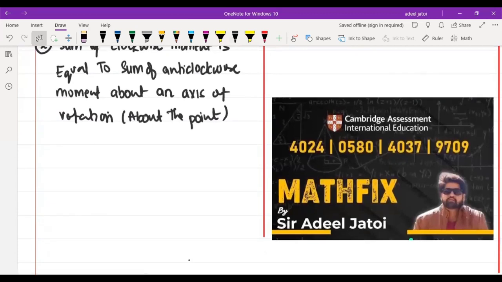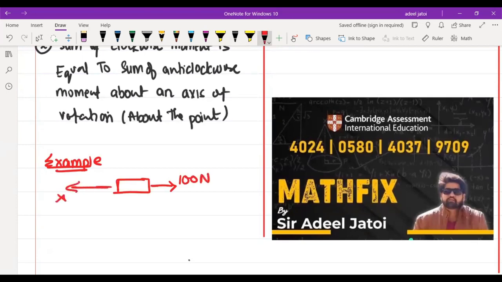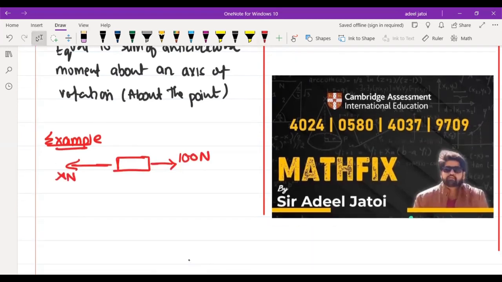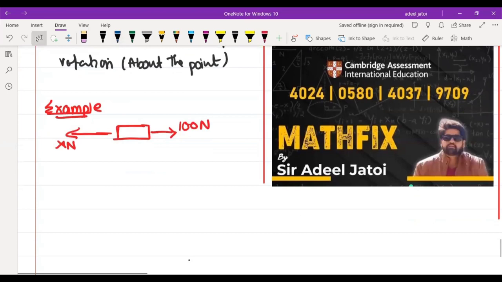An example of this: let's say that there is an object and there is a force applied of 100 Newton on the right hand side, and there's a force of x Newton on the left hand side, and the question says it is an equilibrium.